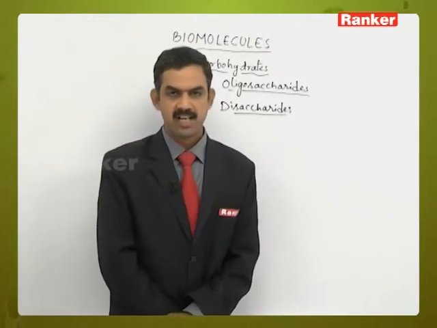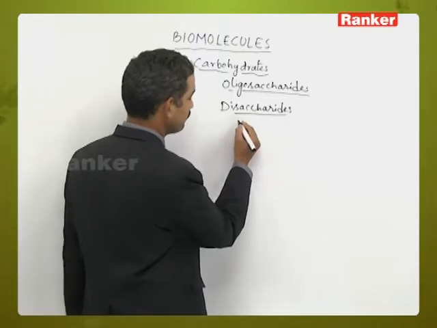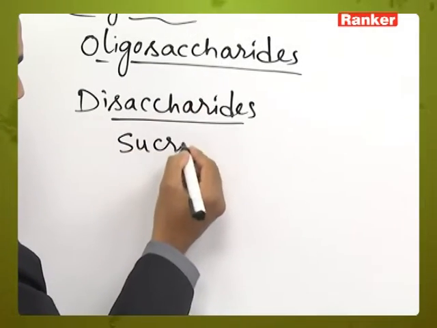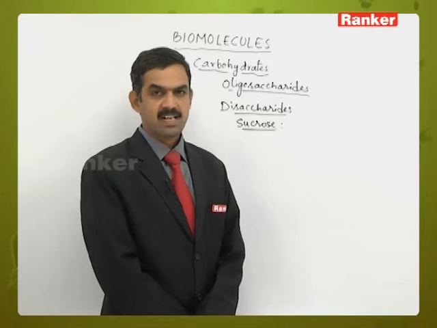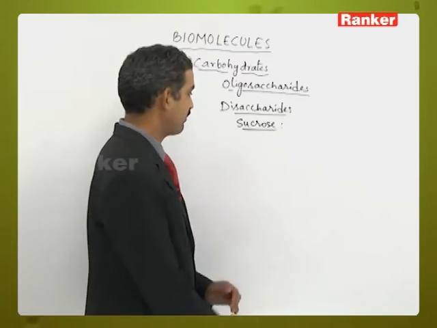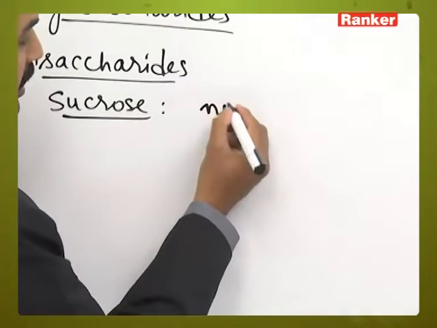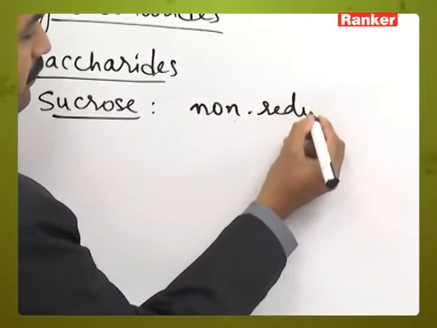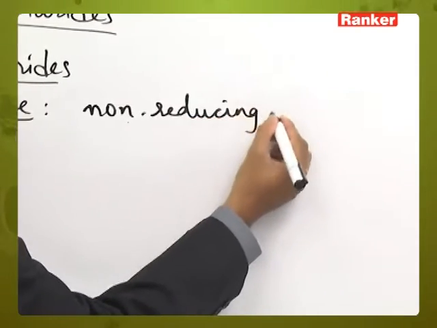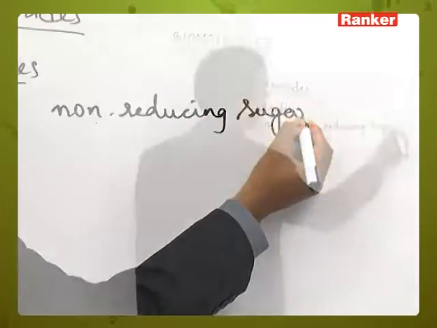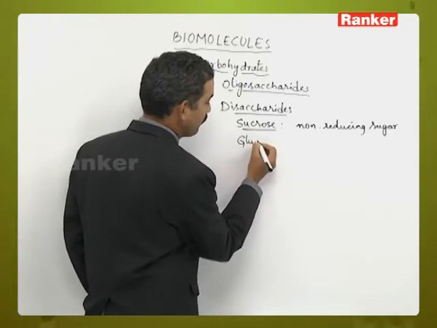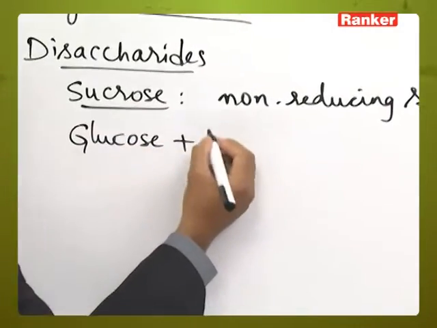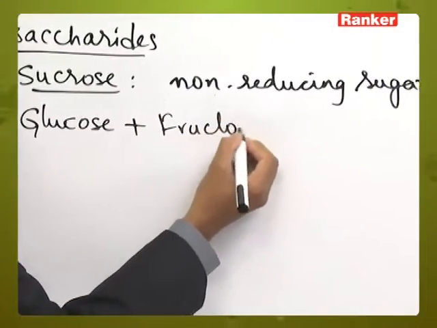There are many disaccharides, like sucrose. Sucrose is considered a non-reducing sugar. It is formed by the condensation of a glucose molecule and a fructose molecule.